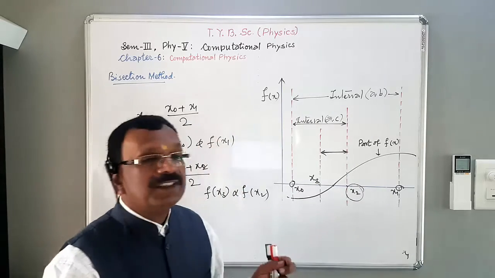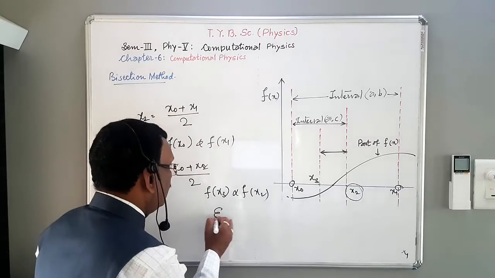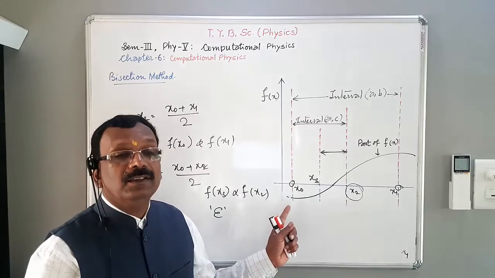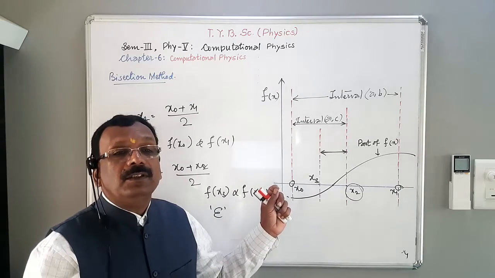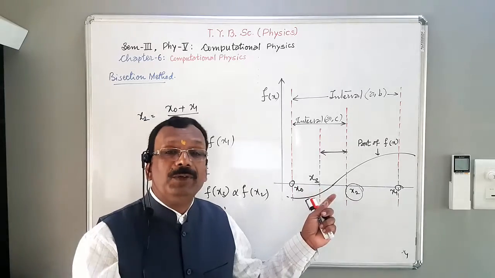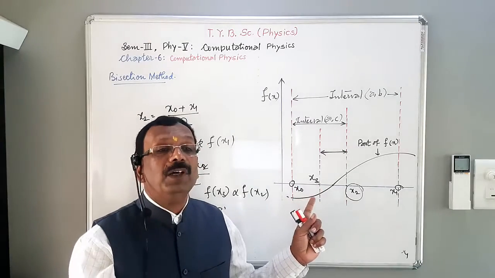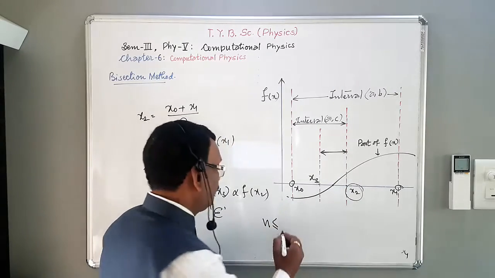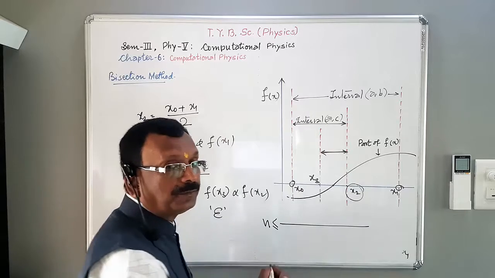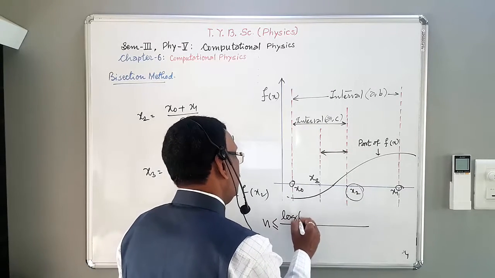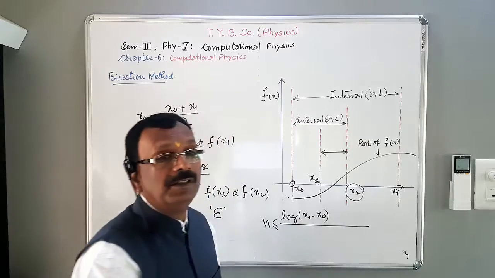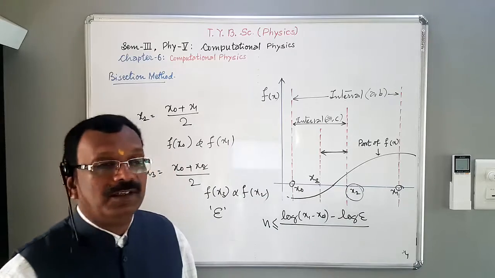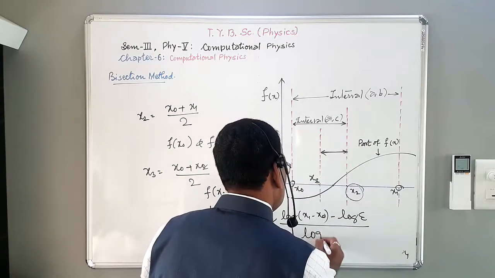If a small error, say epsilon, is allowed between the actual value and the approximate value of the root, then the number of steps required is given by n is less than or equal to log of x1 minus x0 minus log of the small error, divided by log 2.